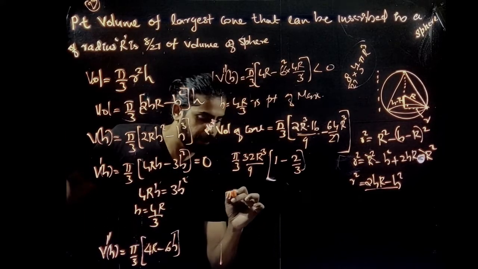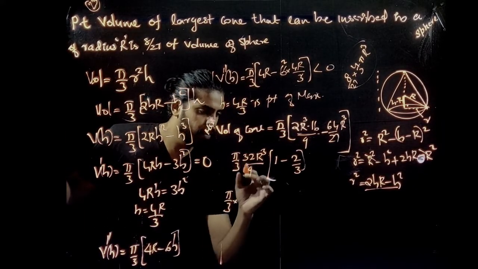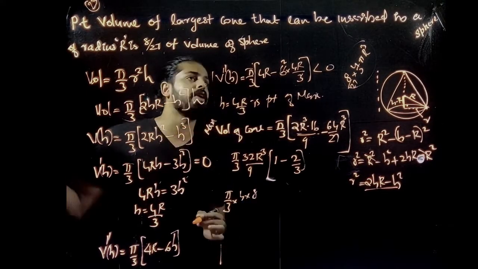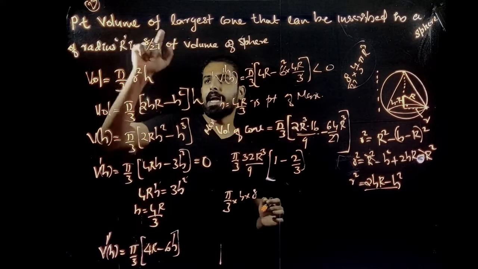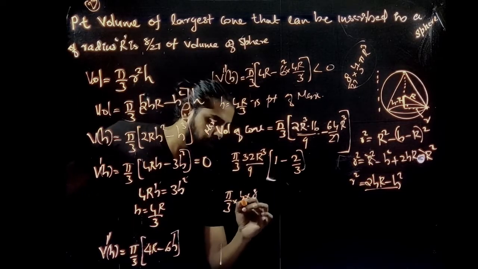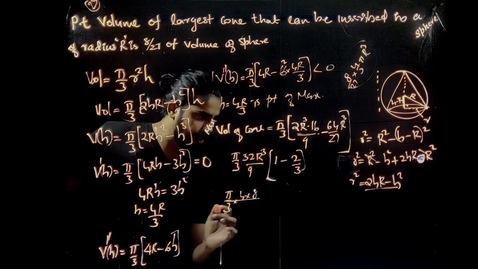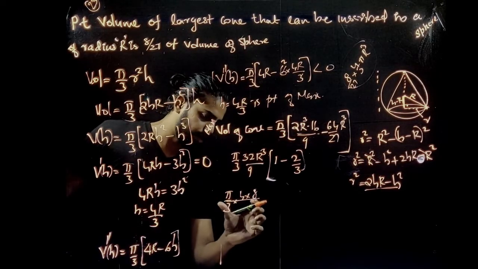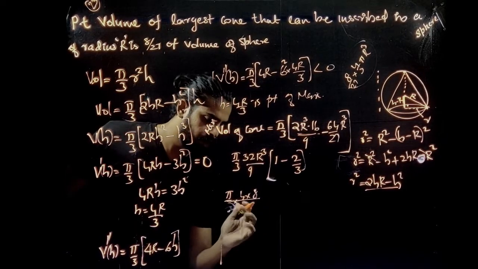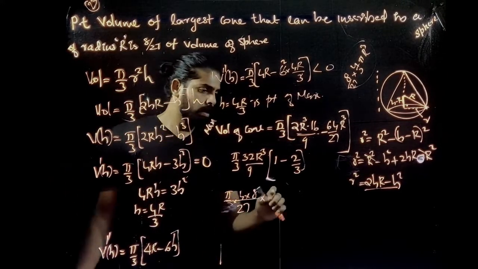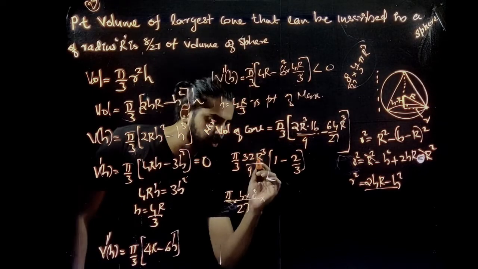So pi by 3 into 32. I am writing 32 as 4 into 8 in order to get 8 by 27. So 4 into 8, and 3 into 9, I am writing as 27. 3 into 9 is equal to 27, into 1 minus 2 by 3, and r cube is here, right?